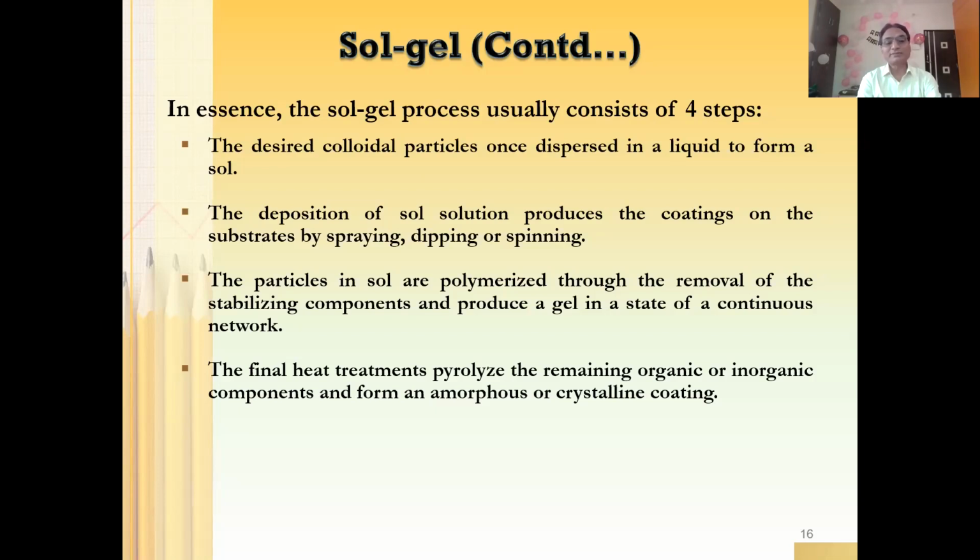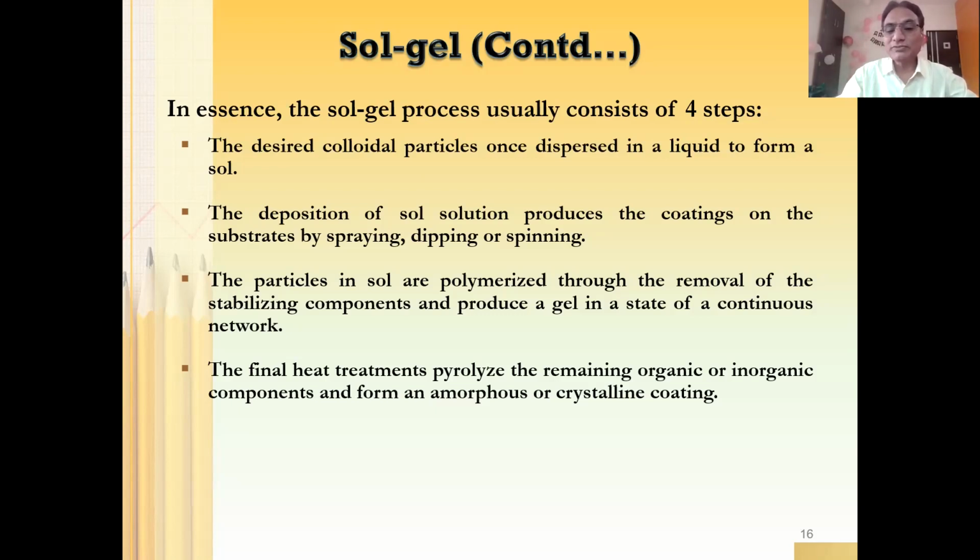The final heat treatment pyrolyzes the remaining organic and inorganic components and forms an amorphous or crystalline coating. So amorphous, not microporous, from amorphous or crystalline coating. So what we have to do is apply that material on any substrate, allow the solvent to be evaporated, and then you can give the final treatment.